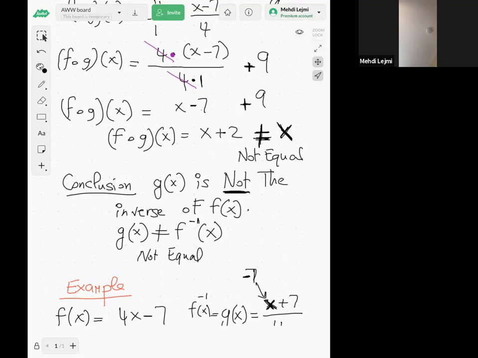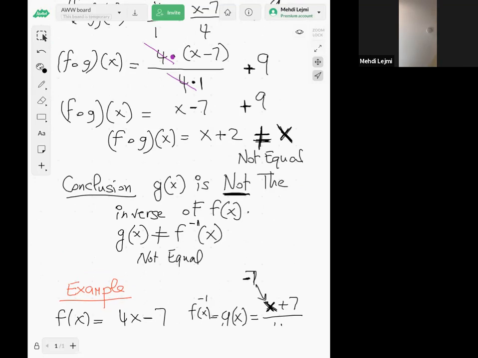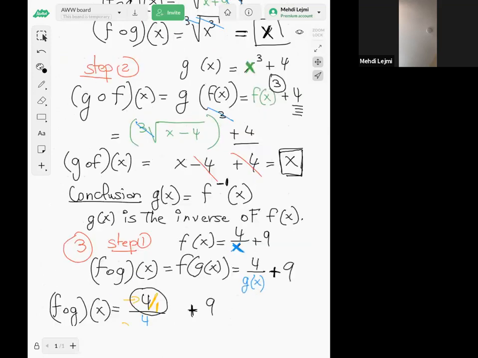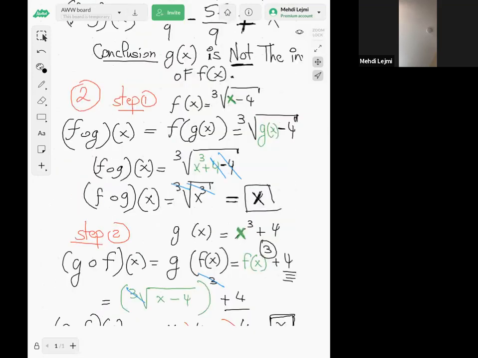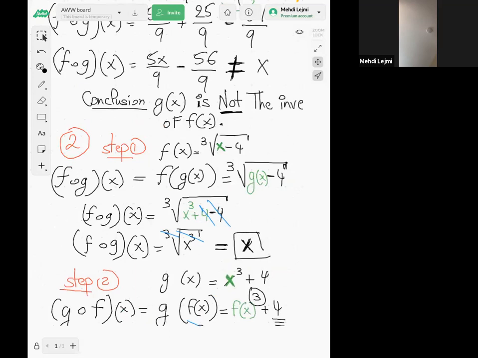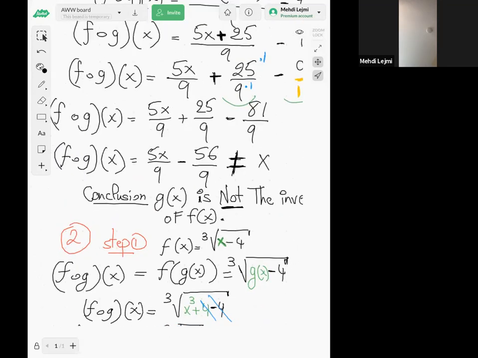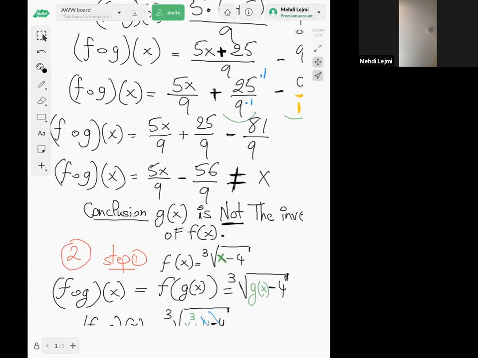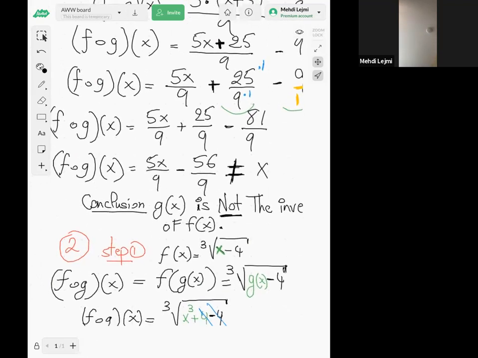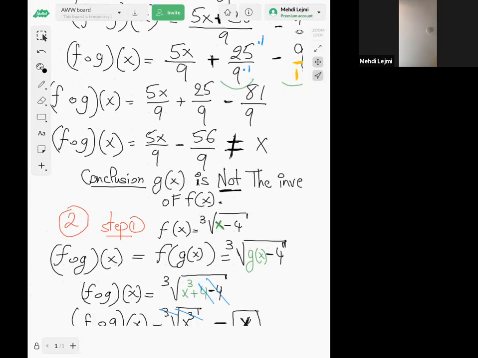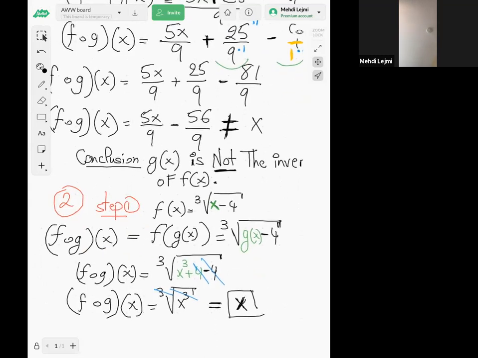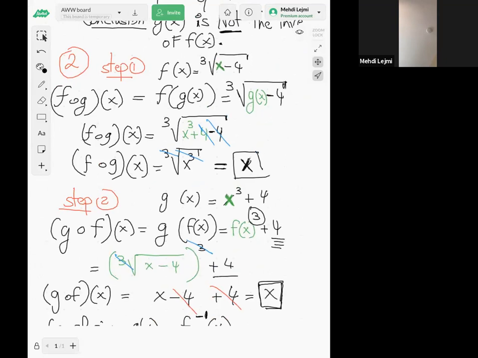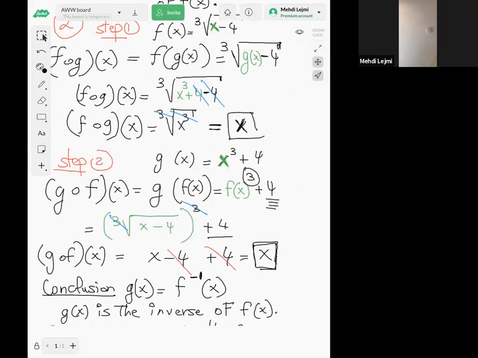I'm not sure which example. Oh, you mean the cube? Okay, I guess this one here.